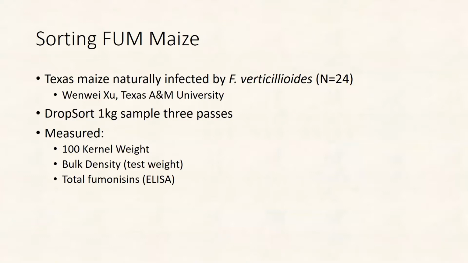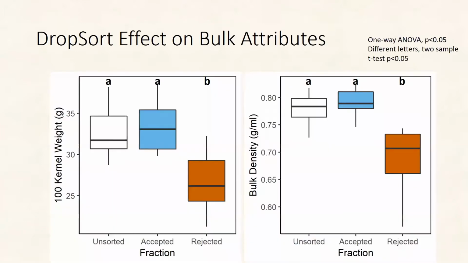So now moving from the plastic to the real corn, we had Texas maize that was naturally infected by Fusarium. And we had 1 kilogram samples that we resorted 3 times, as I described. And we measured bulk attributes like 100 kernel weight, bulk density or test weight, as well as total fumonisins, which were measured by ELISA.